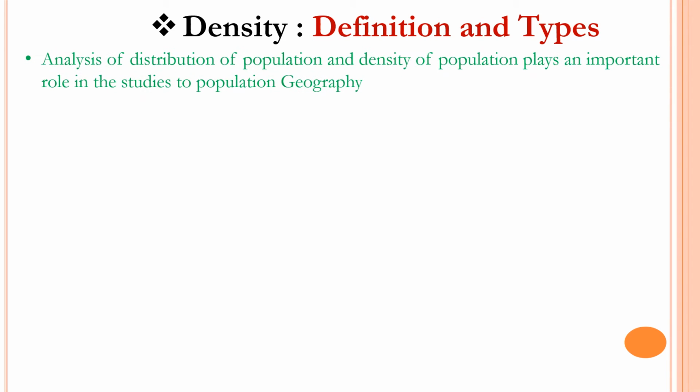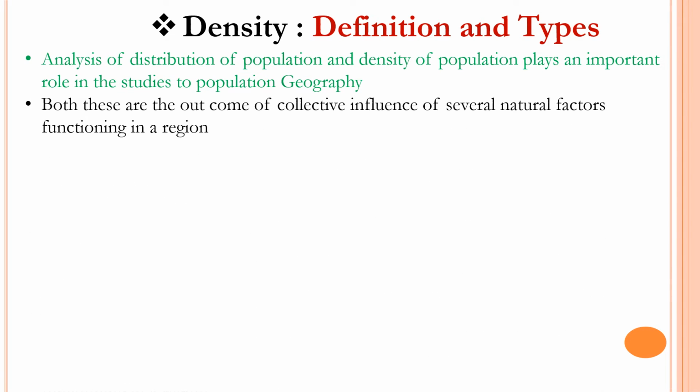The analysis of the distribution of population and the density of population plays an important role in the study of population geography. Both of these are the outcome of the collective influence of the several natural factors functioning in the regions.